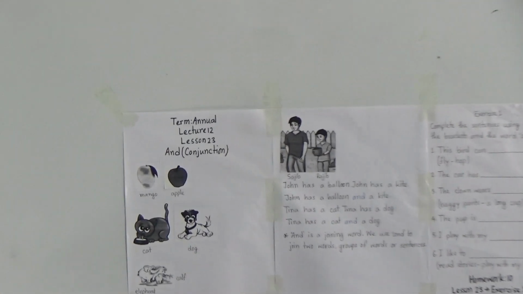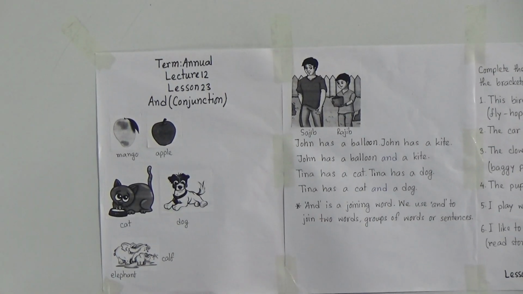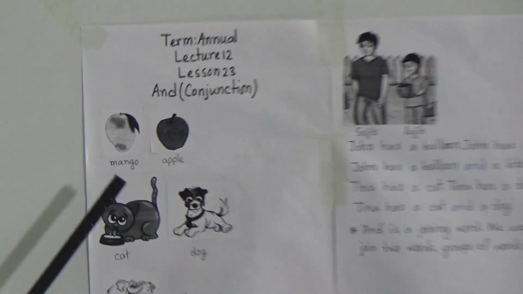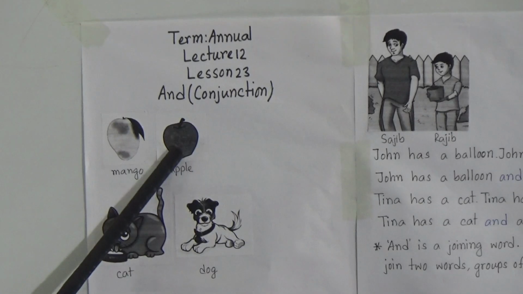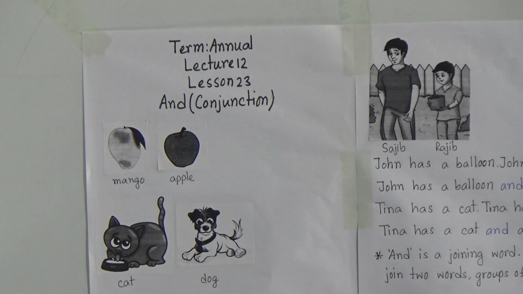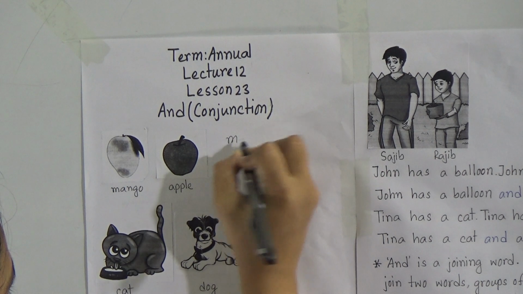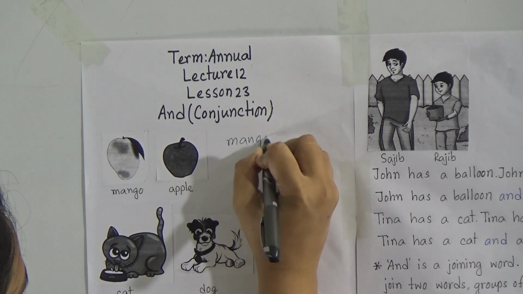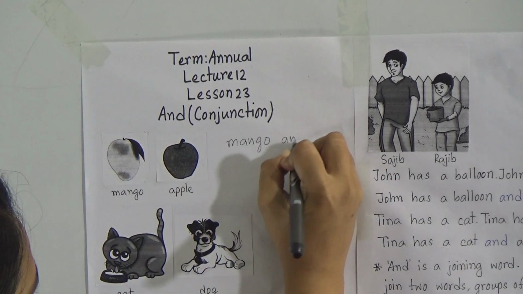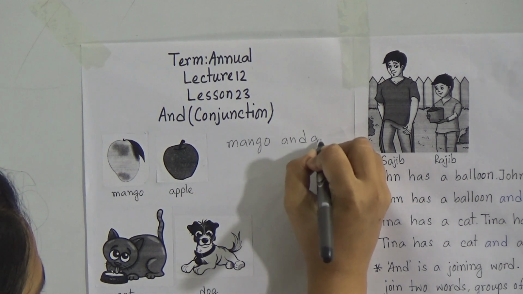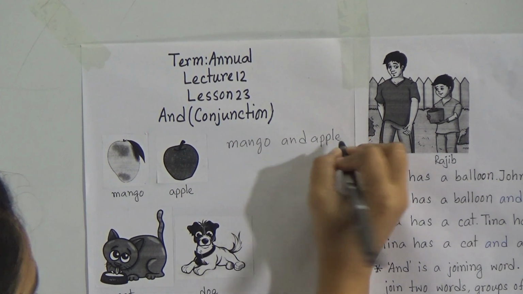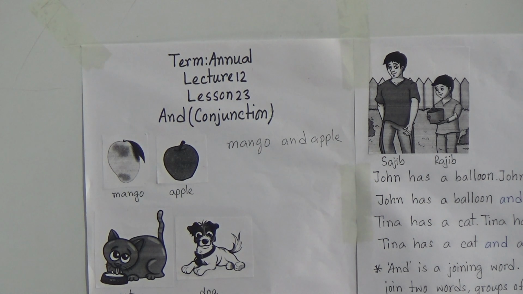Now look at the board, my dear students. At first we will look at the picture. Now look, there is a picture of a mango and an apple. So we can write it like this: mango and apple. And now look, the next picture, there is a cat and a dog.